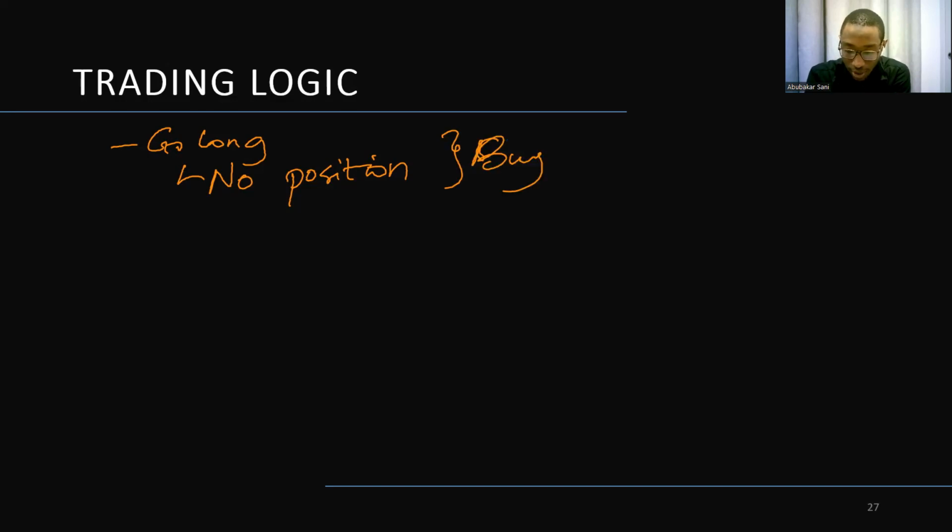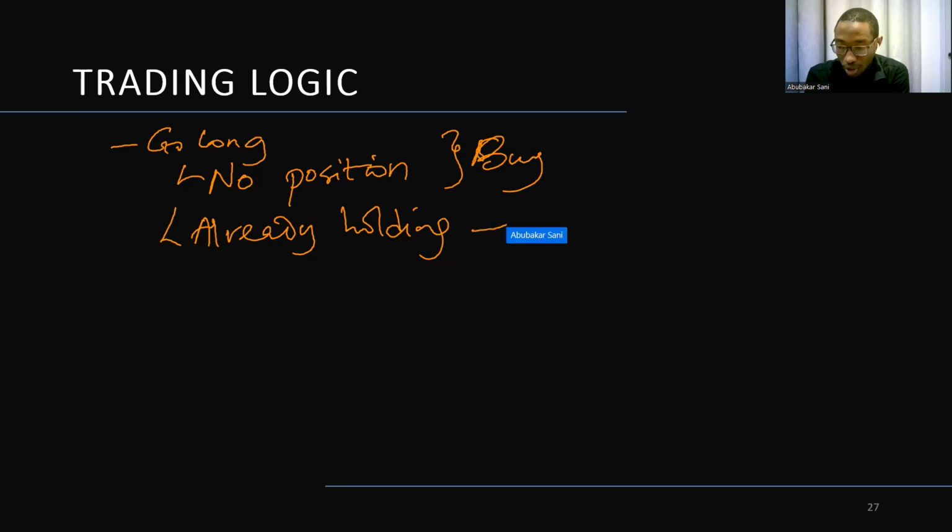But if I was already in the trade, if I'm already holding a position, let's say I already bought it because yesterday the sentiment was also good, then I will just maintain. I will not buy again. I will just maintain the position to avoid duplicates. And the reverse is the case for the short.